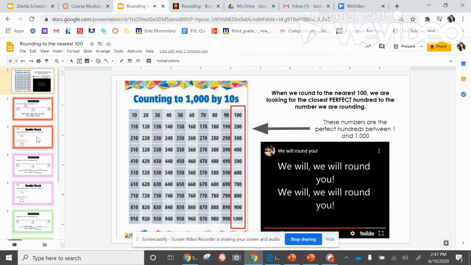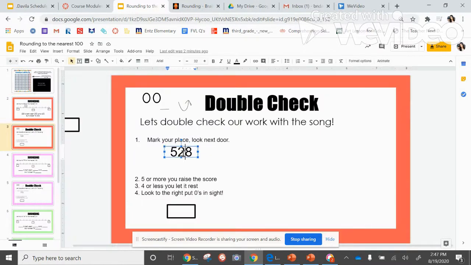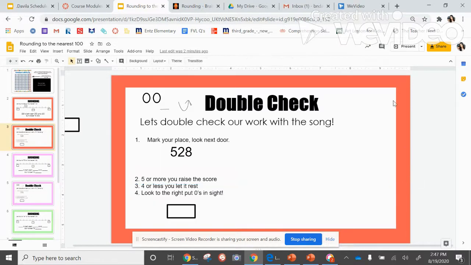Okay, so that's the song that we will use in order to double check our work. Okay, so if we follow the same steps that the song told us, we are going to start with mark your place, look next door. So I'm going to mark the place. So that means mark the place value that you are rounding to.